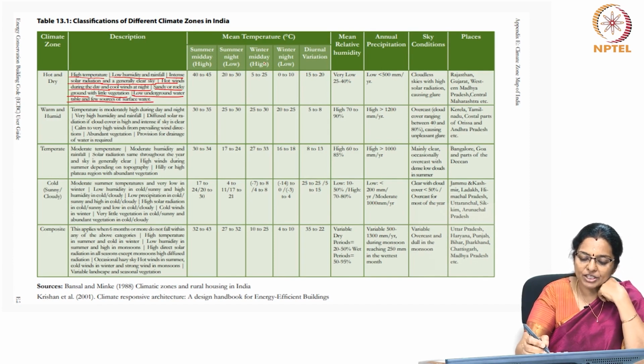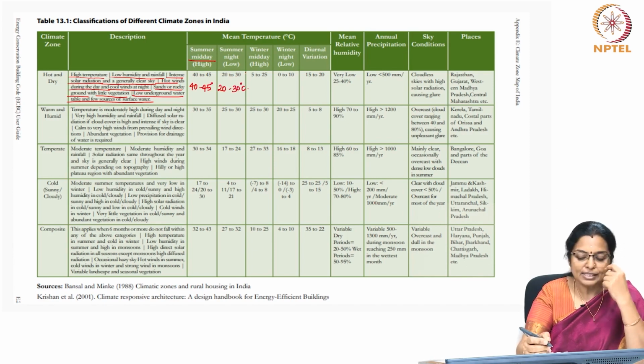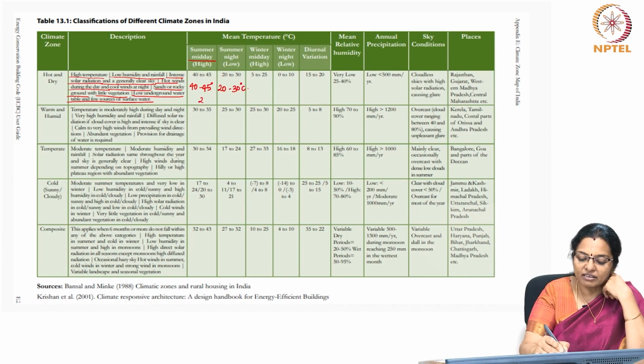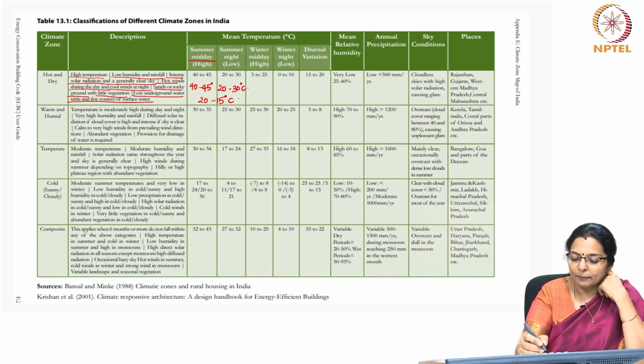So, they have low underground water table and very few sources of surface water. The mean temperature during summer midday is between 40 to 45 degrees centigrade. The summer night temperature is between 20 to 30 degrees centigrade. So, you can see there is a diurnal variation of 20 to 15 degrees centigrade during summer.